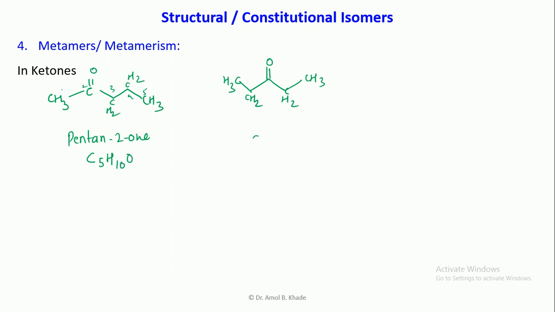Here also it is C5, then 3 plus 3, 6 and plus 4, 10. This also becomes C5H10O. So this is pentan-3-one or 3-pentanone. So we can see the possibility of metamers in ketones. We have seen it in ethers, and it is also possible in ketones. For example, pentan-2-one and pentan-3-one are metamers of each other.